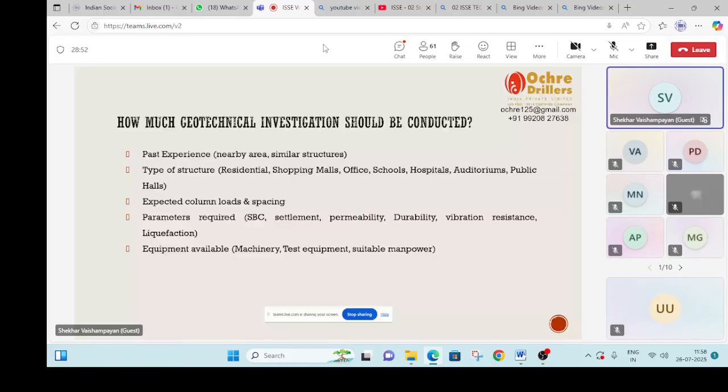For a plate load test, if access for towing the material is not available, then conducting a desirable test may not be possible. Also important, for conducting such a test, do I have correctly trained, suitable manpower? Even that matters a lot. So the extent of investigation will depend on all of this.